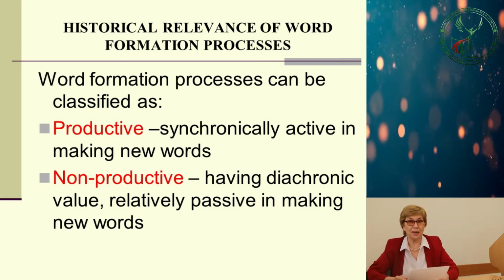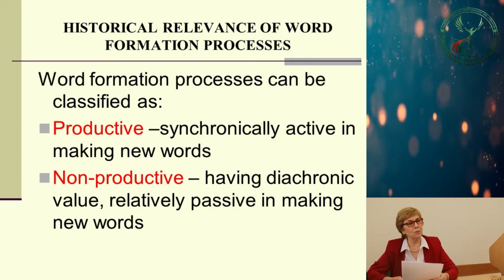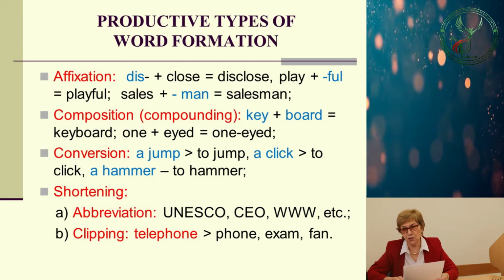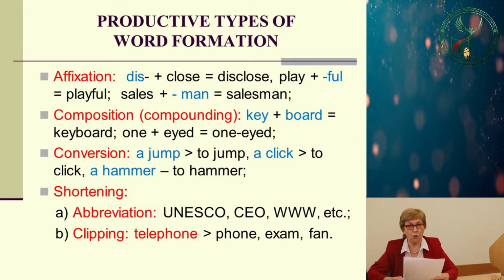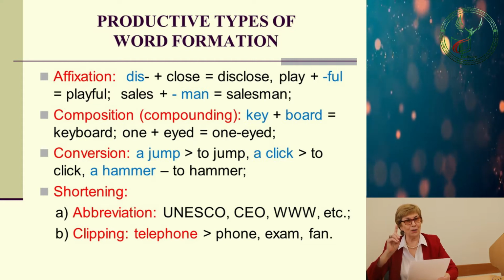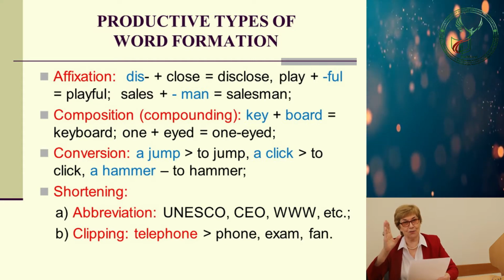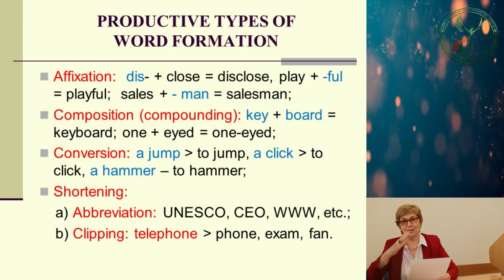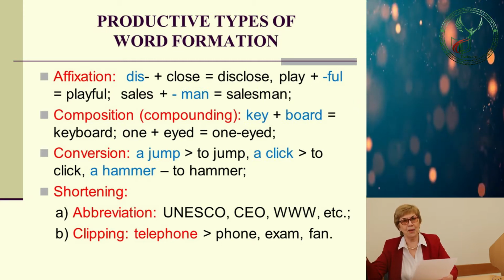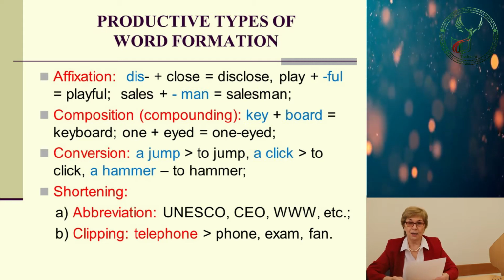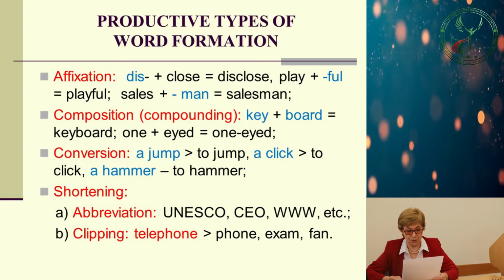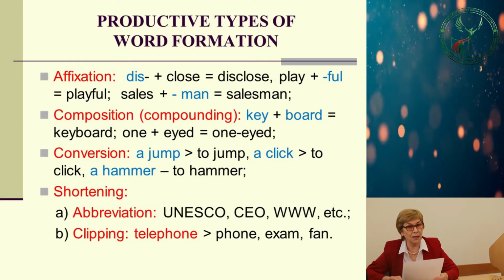Okay, so to productive types, of course, like in many modern languages, we refer affixation, we refer compounding or composition, and we refer in English also conversion, because conversion doesn't exist in Russian or Uzbek or many other languages. Maybe it does exist somewhere in Germanic languages, but this is not our matter of analysis today. And of course, shortening.